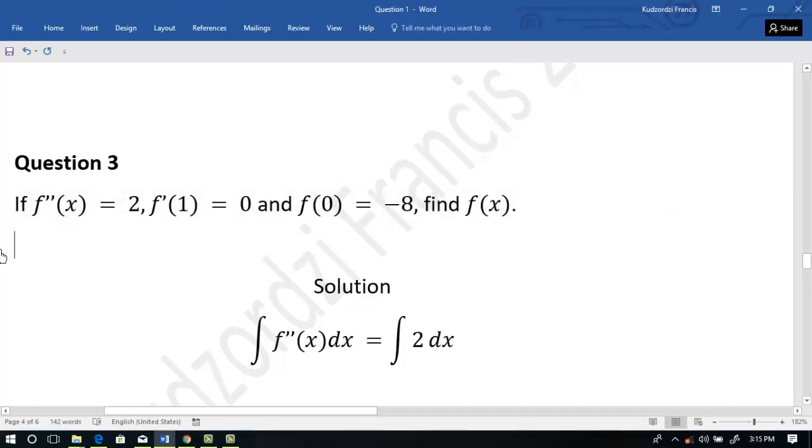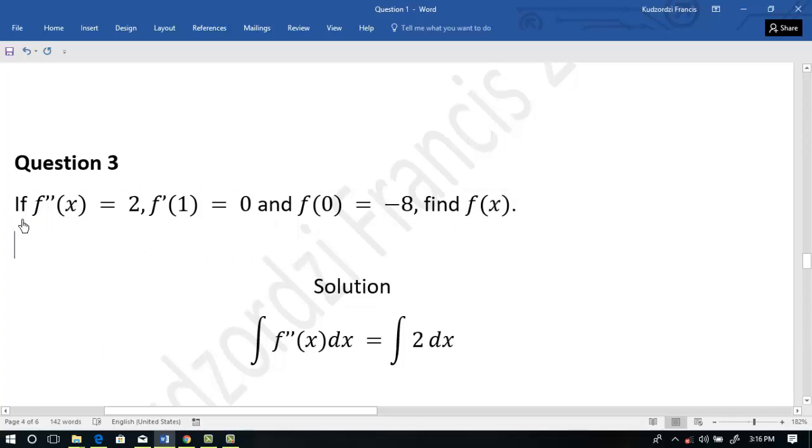And this question could also be put in a different format: d squared y over dx squared is equal to 2, dy/dx at x equals 1 equals 0, and y of 0 equals -8. Find y. So that is it.